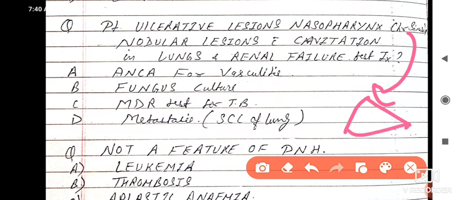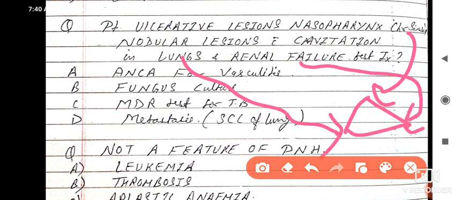The triad is chronic sinusitis, upper respiratory tract involvement, cavitation in lung, lower respiratory tract involvement, and renal failure. All three of the triad represent Wegener's, and in Wegener's we see C-ANCA positive. So this is a case of ANCA vasculitis.